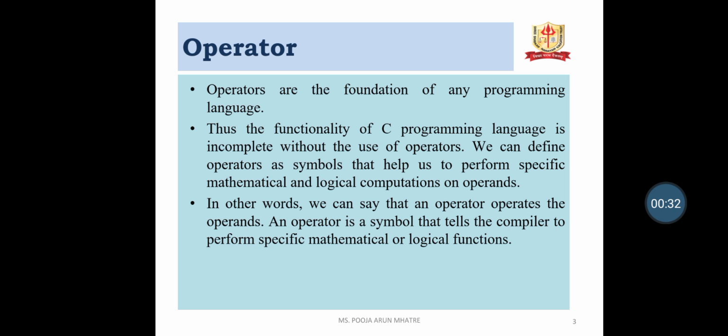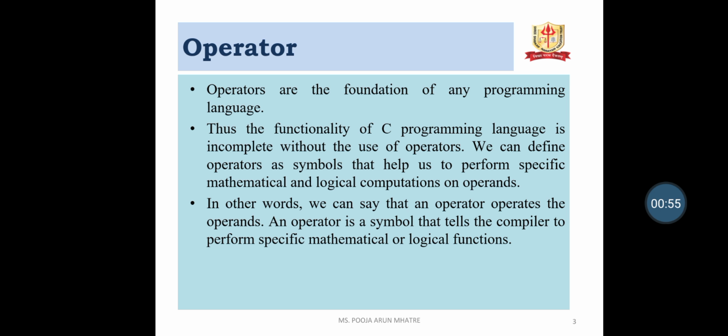Operator. Operators are the foundation of any programming language. Thus, the functionality of C programming language is incomplete without the use of operators. So, we can define operators as symbols that help us to perform specific mathematical and logical computations on operands.